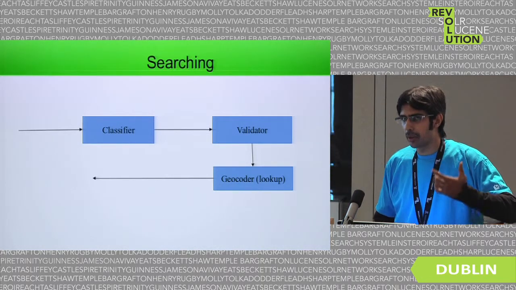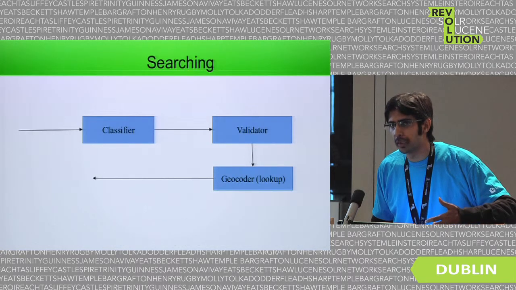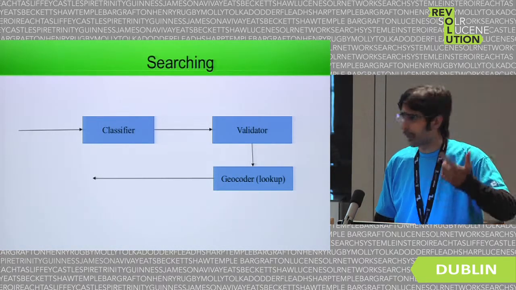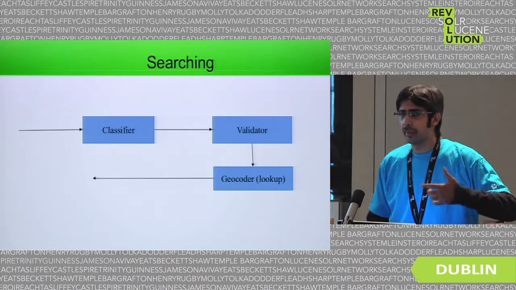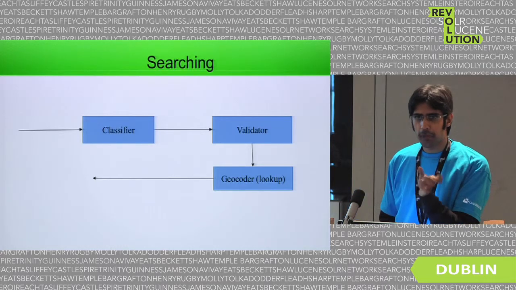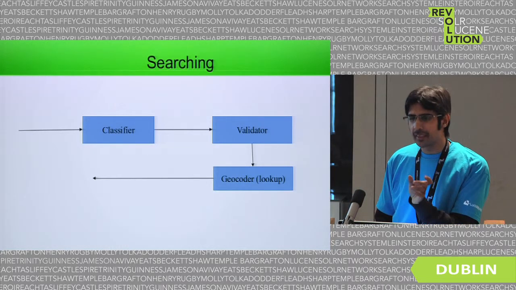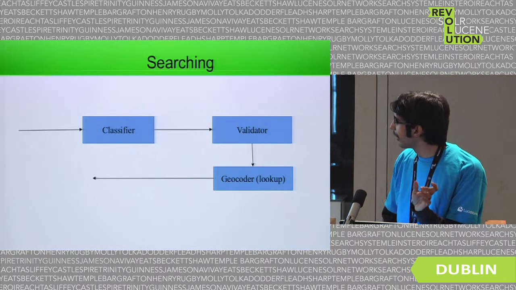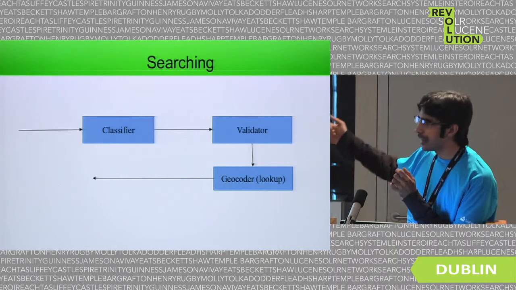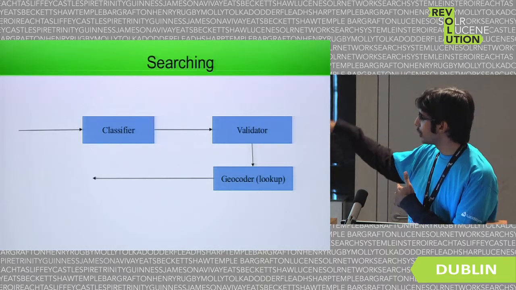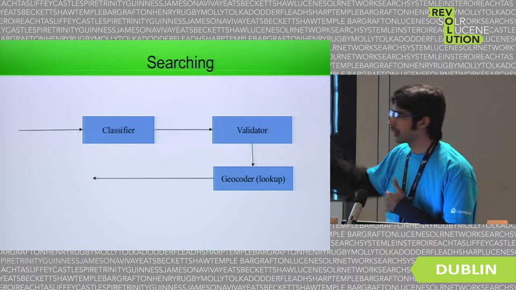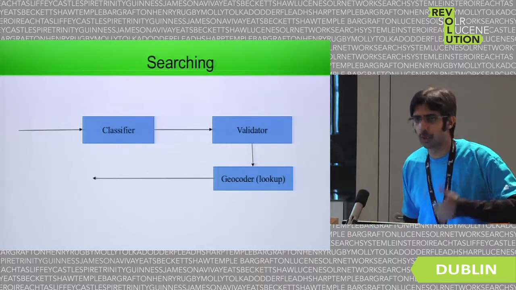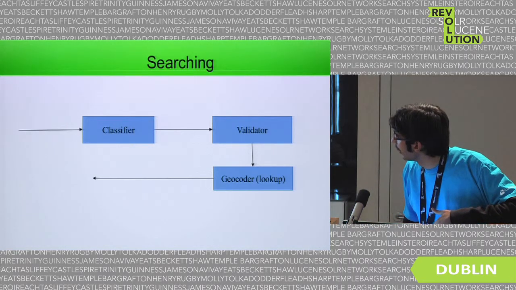So maybe the query could be hotels near Dublin. The classifier identifies or annotates parts of the query as possibilities, which part could mean which geographical entity. And then a validator validates all these classifications, and the geocoder actually does the lookup. The geocoder is nothing else but the Lucene index or the Solr index in this case.